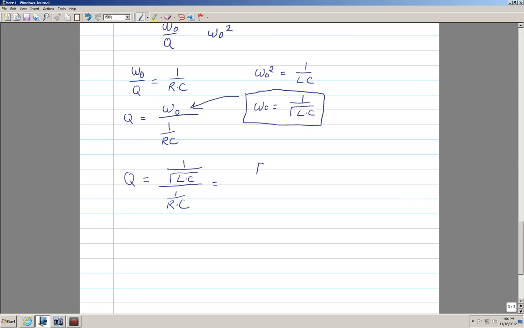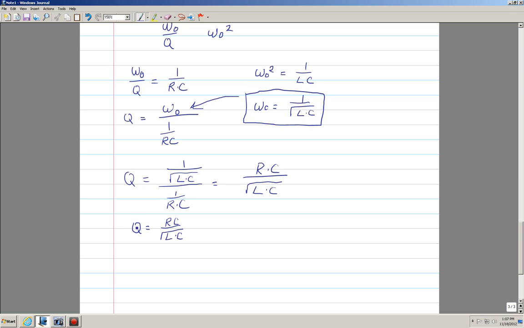Simplify it. Now we have this equation: Q equals RC times 1 over the square root of L times C.